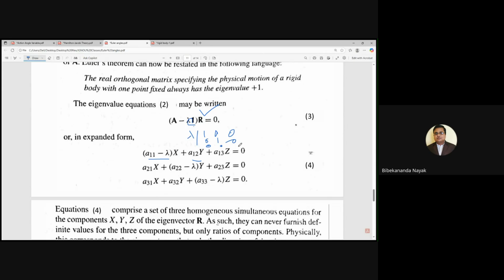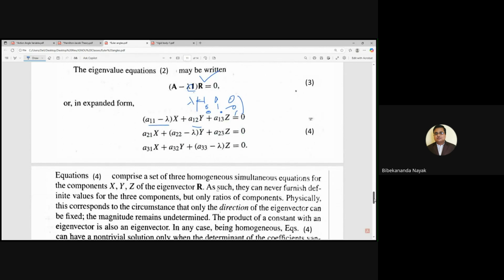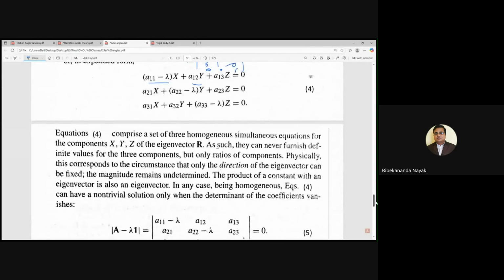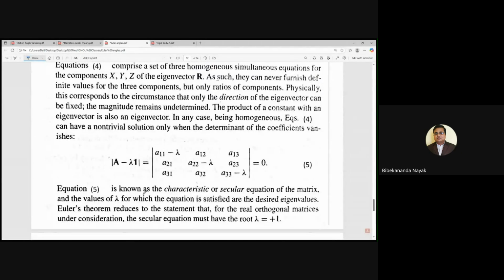So lambda appears only on the diagonal, as A11 minus lambda, A22 minus lambda, A33 minus lambda, and otherwise nothing. Now I have to prove that one lambda is equal to 1. This equation, determinant of A minus lambda I equals 0, is known as the secular or characteristic equation. Our aim is to get one lambda equal to plus 1.